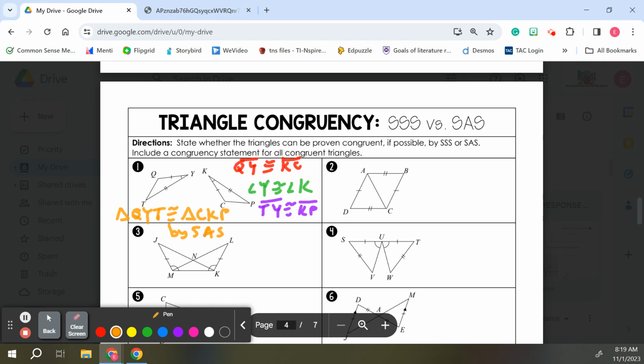Now, you can state these as side, angle, side, SAS, or side, side, side, SSS. I am fine with that. When we get to similarity, there's going to be a little bit of a change, but nothing huge, okay? Questions on that one?